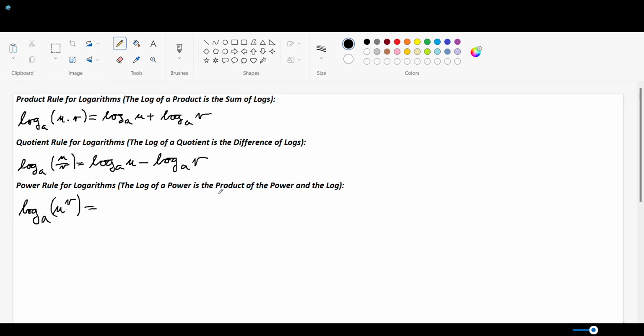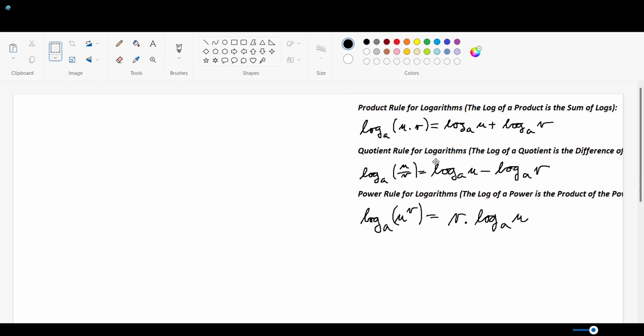It is equal to the product of the power, which in this case is the letter v, times the logarithm. The rest remains like this: logarithm base a of u. So these are our rules for logarithms, which will be used in the next exercises.